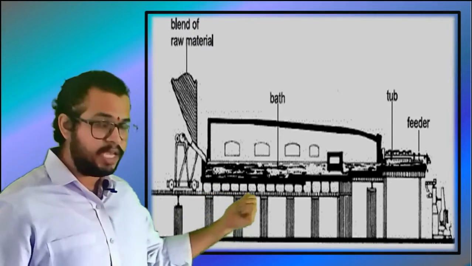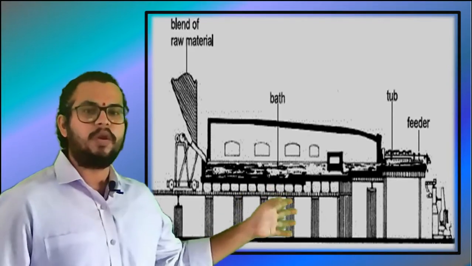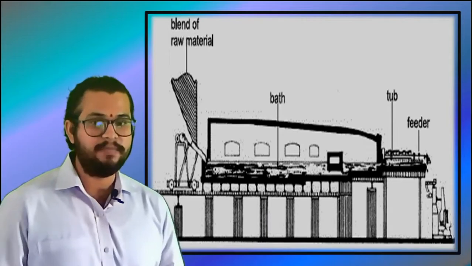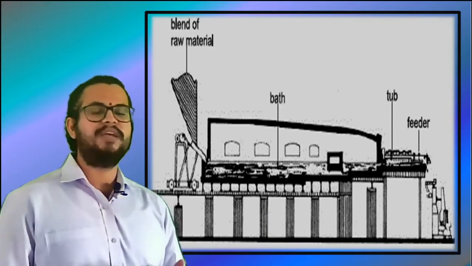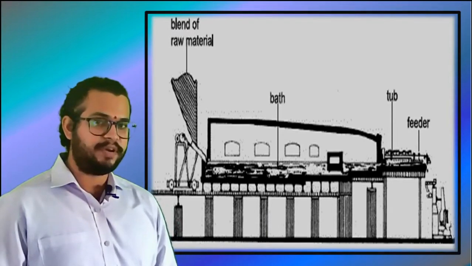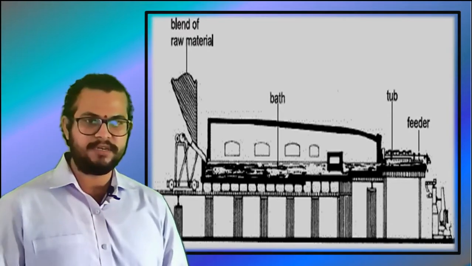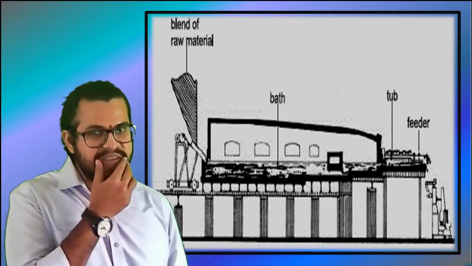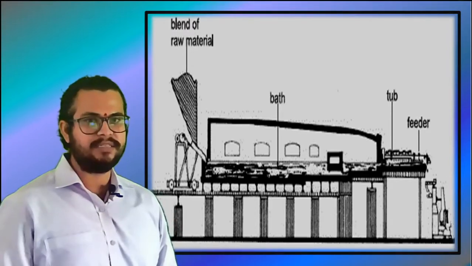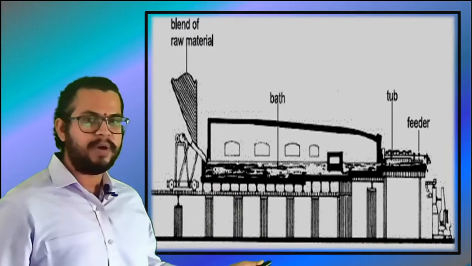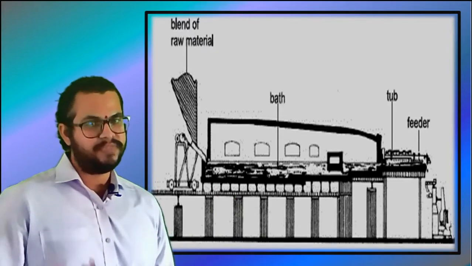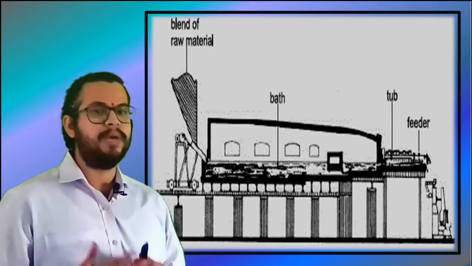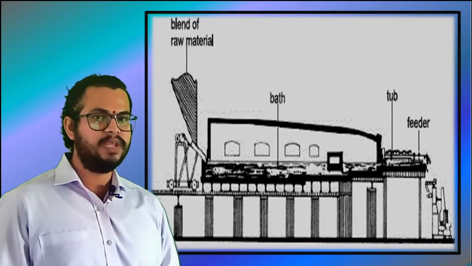As you can see here, initially the raw material is fed into the bath after mixing with various other materials, and this is called the blend of raw materials. Once this blend is fed into the bath, the raw material is exposed to very high temperatures, which makes the material melt.